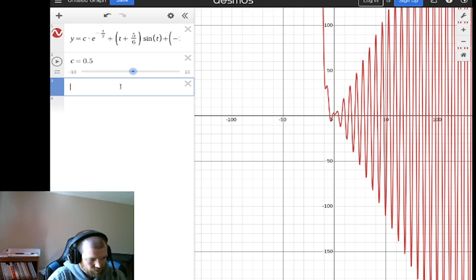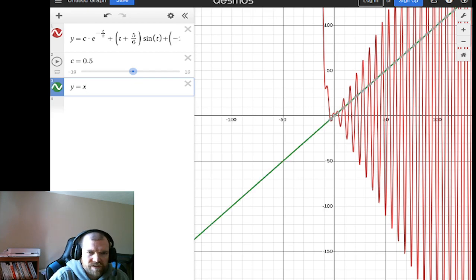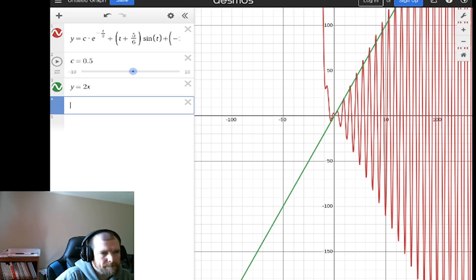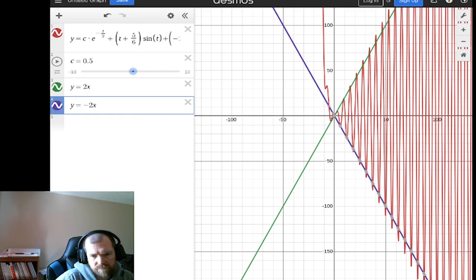And if we wanted to, we should be able to say y equals x, looks like that, 2. Huh. Yeah, it's just slightly steeper than that.